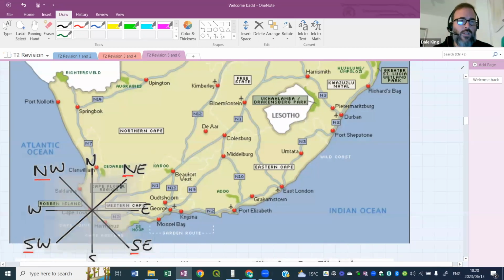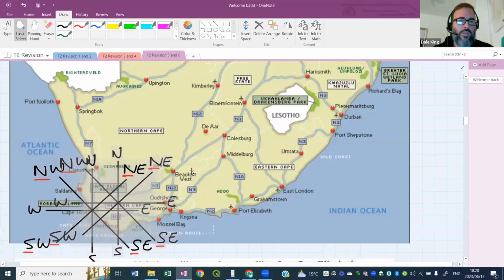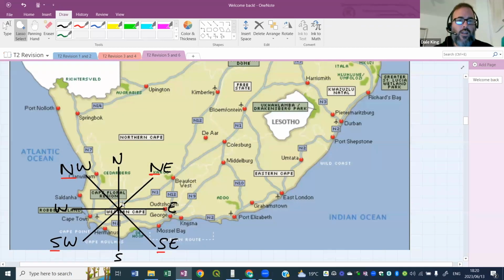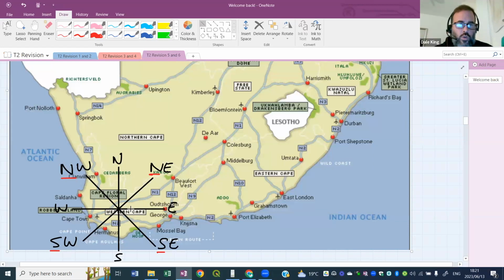So I'm going to just move it slightly inland. In fact, if I put it on the word there, you're probably safe. So it's on the Western Cape. All right. And we need to know Lesotho. Okay. Now I'm going to use a thicker red line to draw a line from the Western Cape to Lesotho.